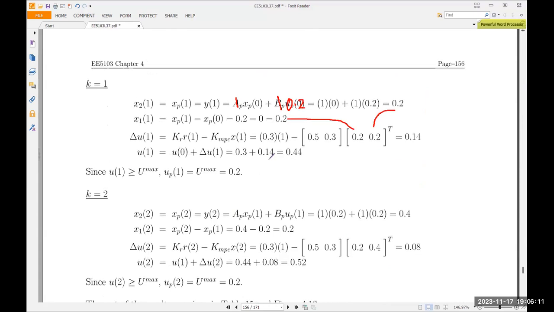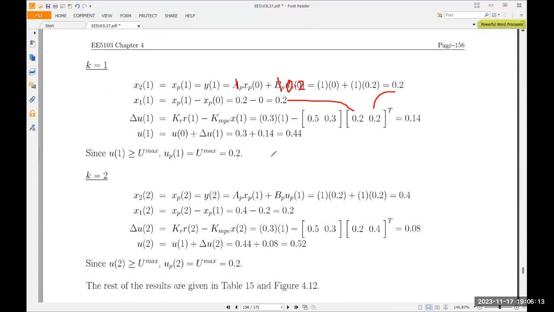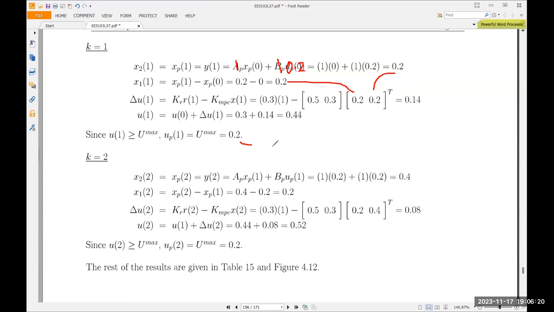So 0.44. So now up1 is 0.2. So you have to take this and stick inside here. So you get 0.4. Then x1 is defined like that.